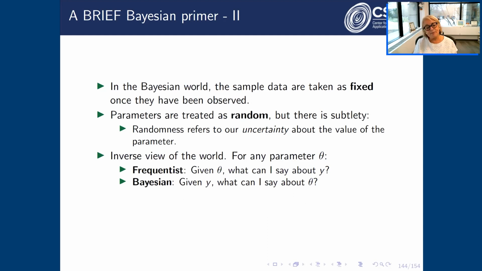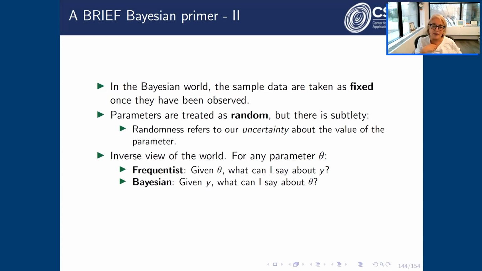Now, Bayesians act as if parameters were random. It's not that Bayesians believe that parameters are random. Bayesians also understand that parameters are some fixed quantity that is unknown to us. But Bayesians use the machinery of probability, all the tools that probability provides, to reflect the uncertainty that we have about the true value of the parameter.